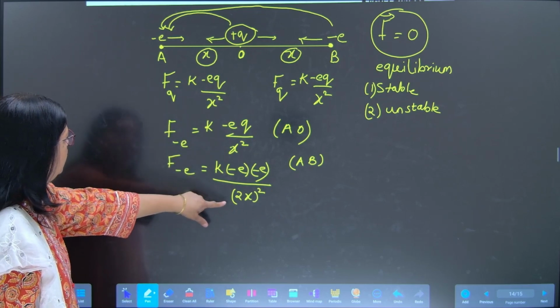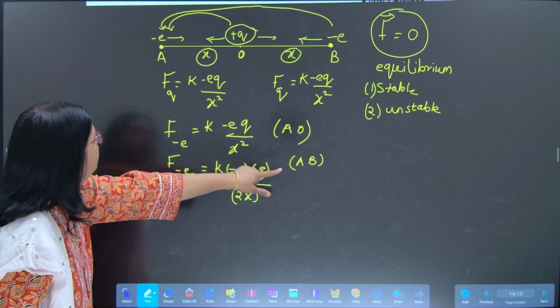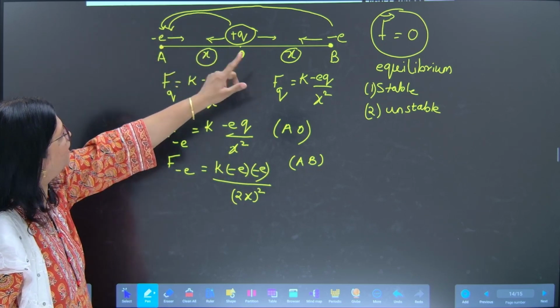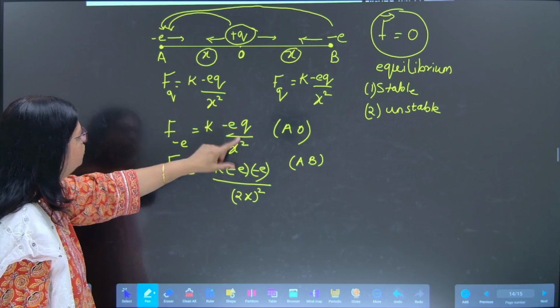Now, I have mentioned 2x because the distance between these 2 charges, that is, this electron and that electron, is 2x. The distance between this electron and the plus Q charge is x, so I have mentioned x here.